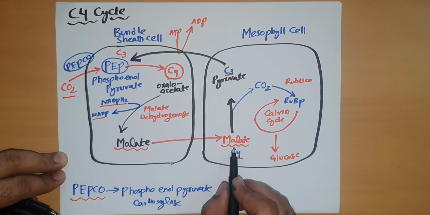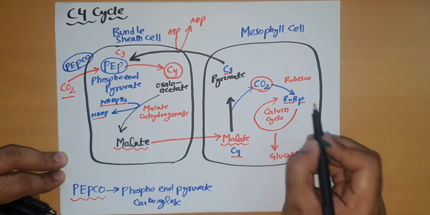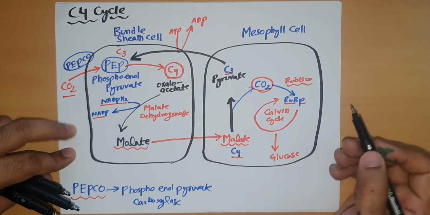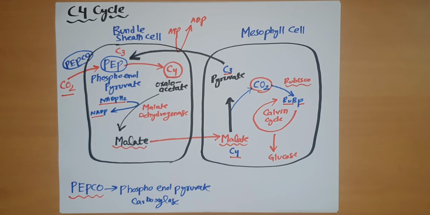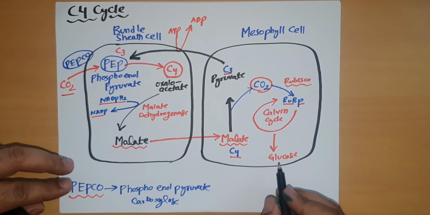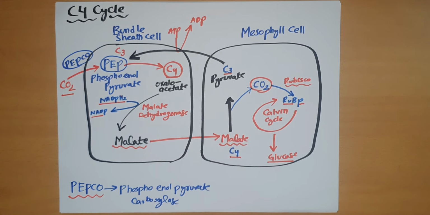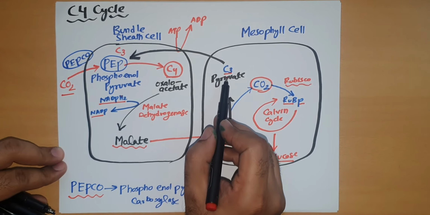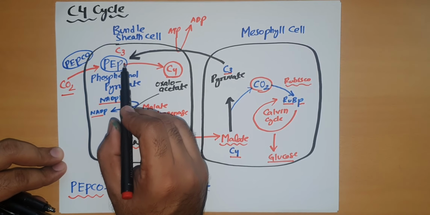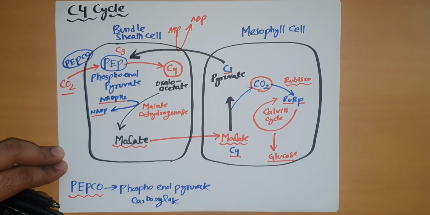One carbon which is decreased is lost in the form of carbon dioxide, and that carbon dioxide joins with the ribulose bisphosphate in the presence of Rubisco to form a 6 carbon compound, and then 2 3 carbon compounds, and the whole Calvin cycle will take place, and at the end we'll get a molecule of glucose. Now this pyruvate will move back into the bundle sheath cell and then be changed back into phosphoenol pyruvate so that it can be used again in the C4 cycle.